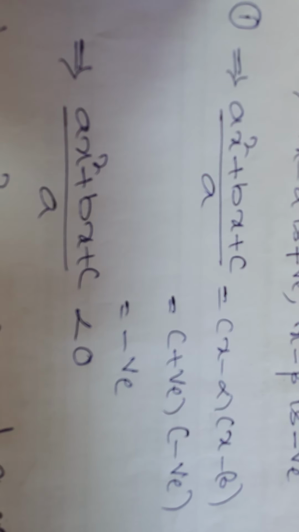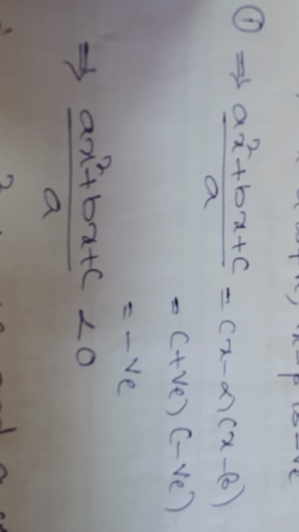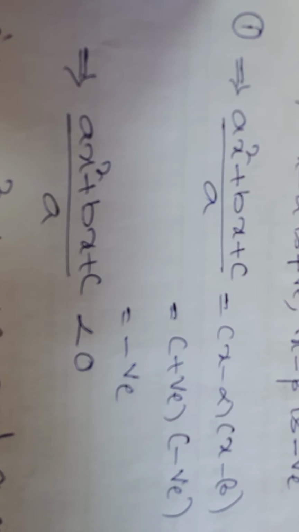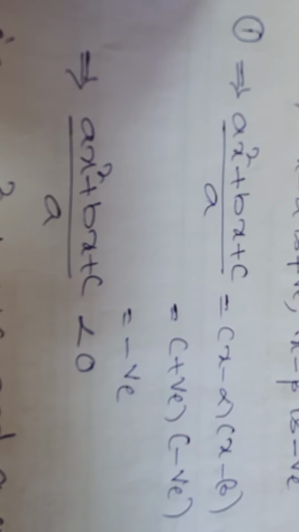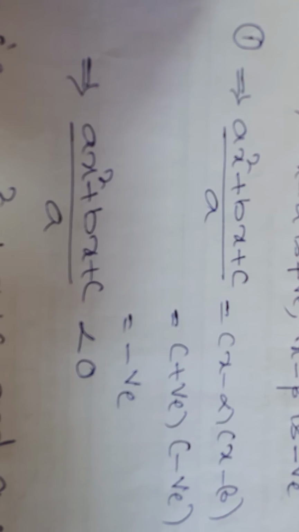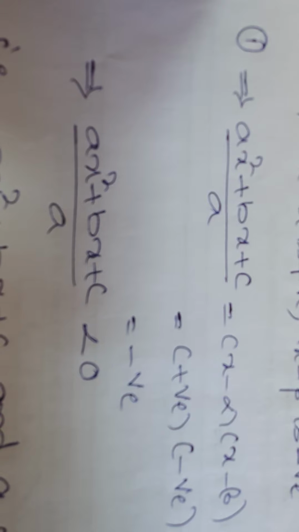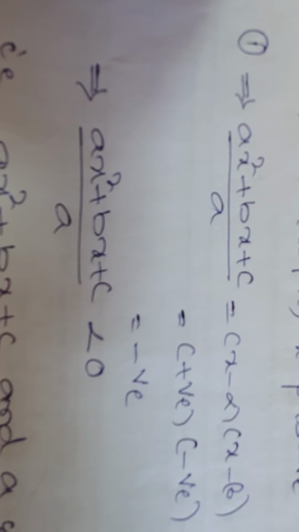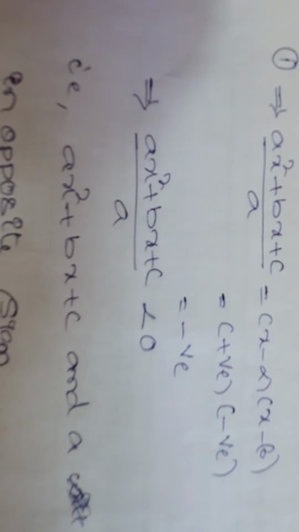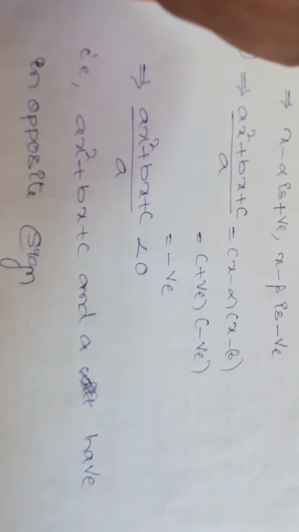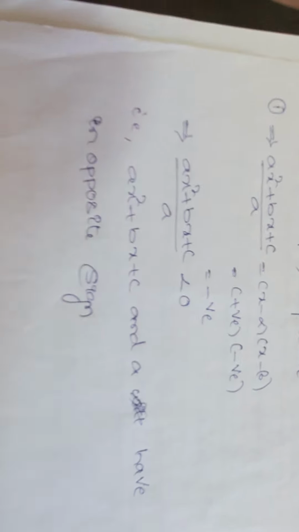When numerator by denominator is negative, it is possible when either numerator positive and denominator negative, or numerator negative and denominator positive. That means numerator and denominator have opposite signs. I wrote that ax² + bx + c and a have opposite signs.